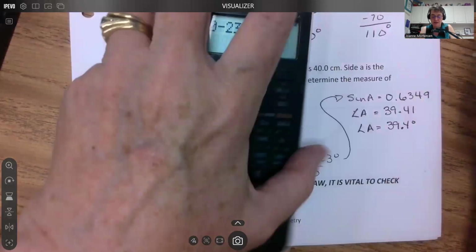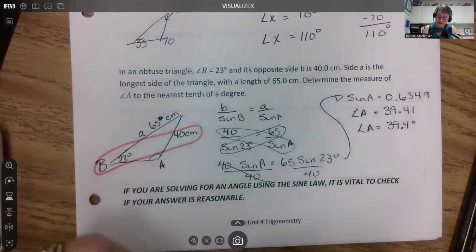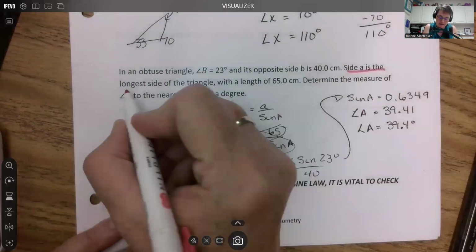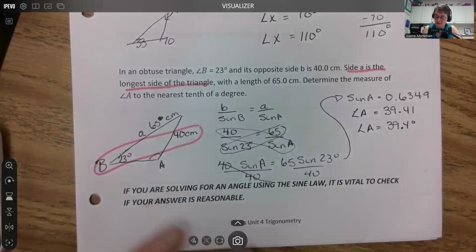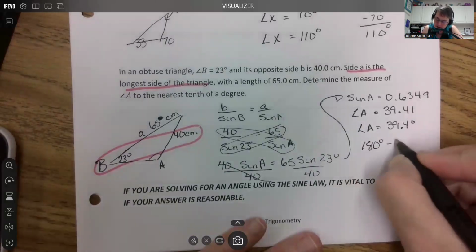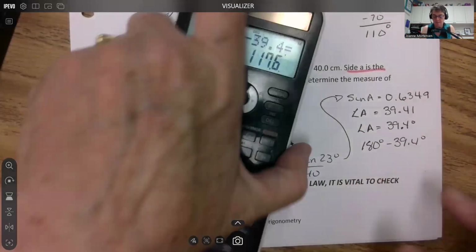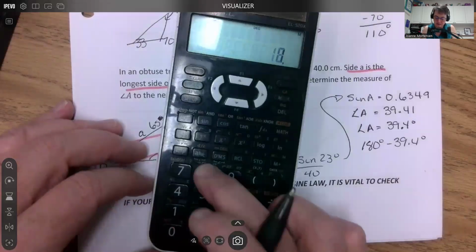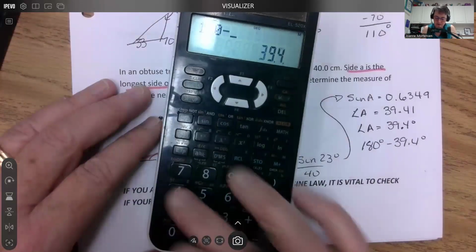And the question says the side A is the longest, so that means angle A has to be the biggest. So this is going to be one of those times where you just go 180 degrees minus 39.4 degrees.